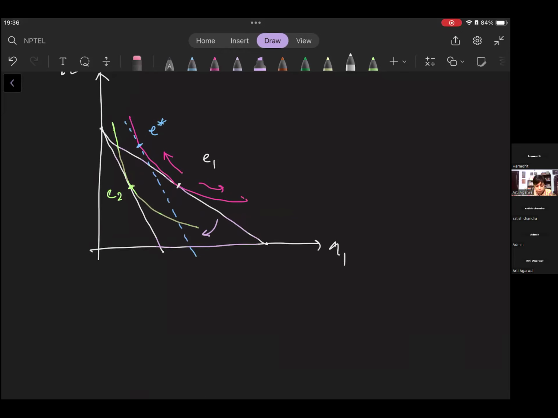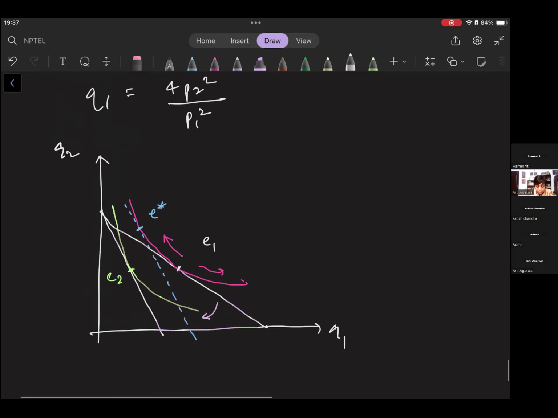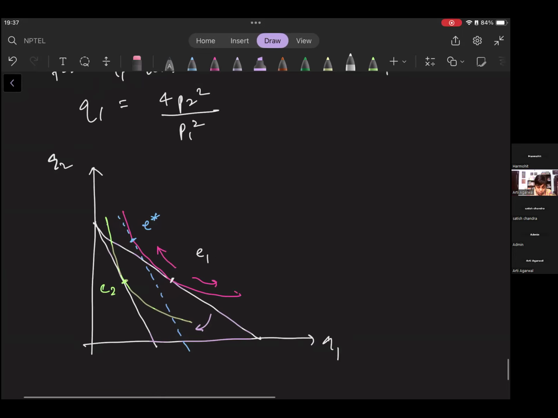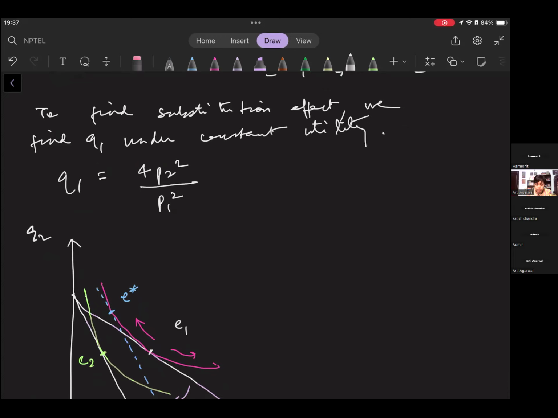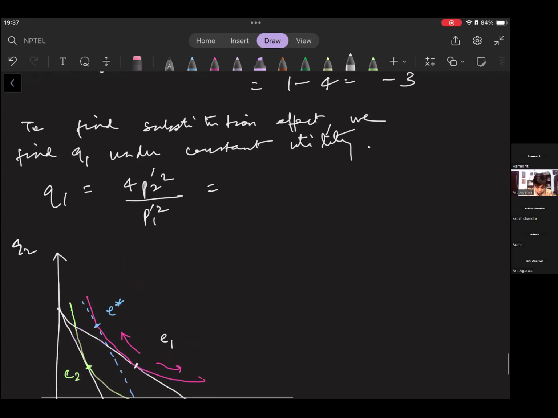Prices were originally what they were, and then they were what they were afterwards, after the change. We are just moving along the indifference curve. So in our case, even if you're holding utility constant, it so happens that the demand function for good one is still 4p2 square by p1 square, or p2 prime square by p1 prime square. So the demand is still going to be what we calculated in the new equilibrium.